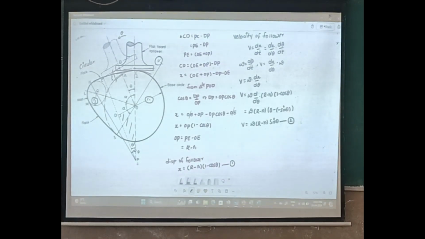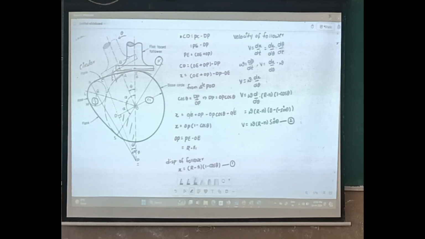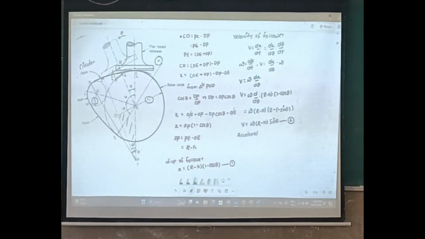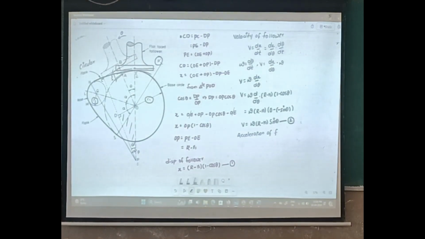What about the acceleration? Acceleration of follower A is equal to the rate of change of velocity with respect to time t.